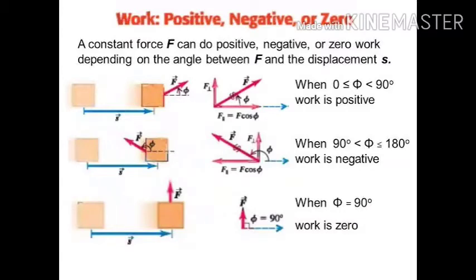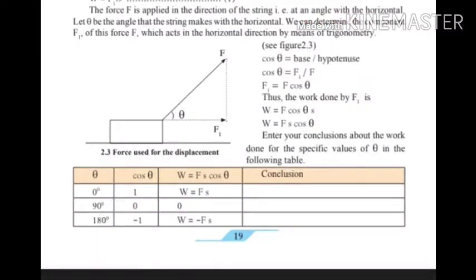So, our conclusion about the work done we can display in the boxes given below. Work done for specific values of theta in the following table. Number 1, theta 0 degree, when cos theta is 1, work done is equal to F into S. Our conclusion is it is positive work.